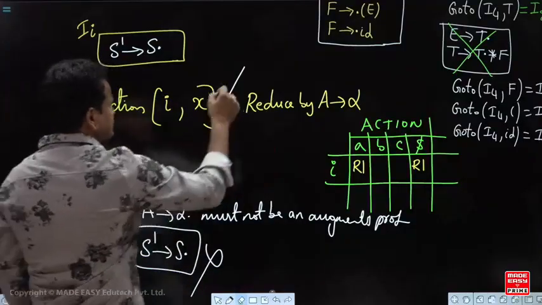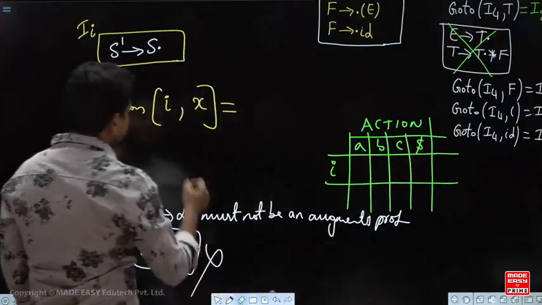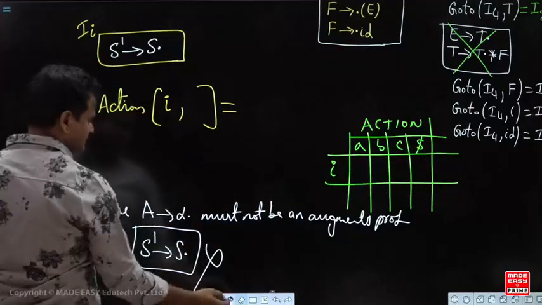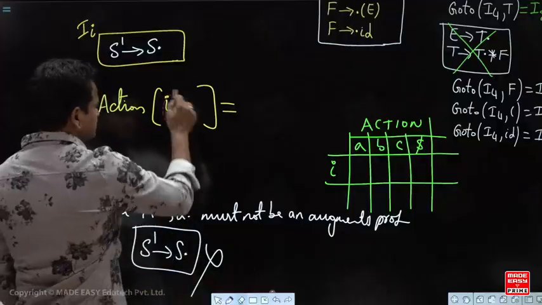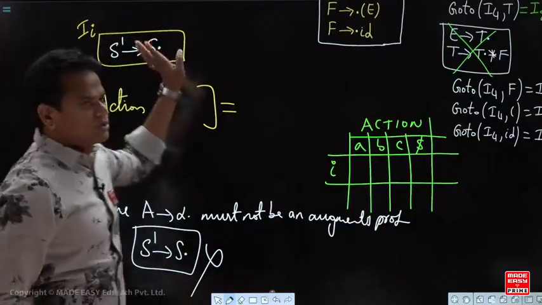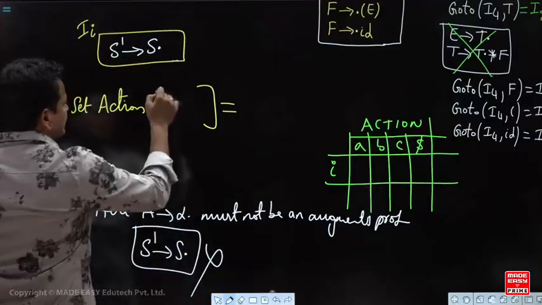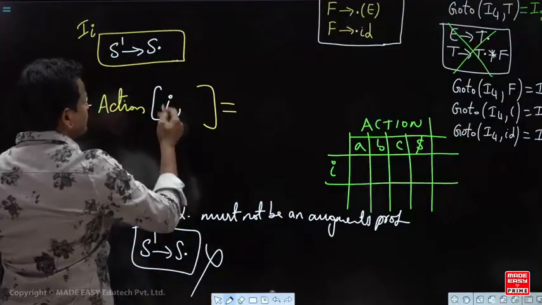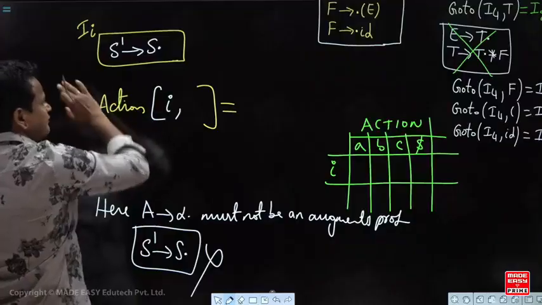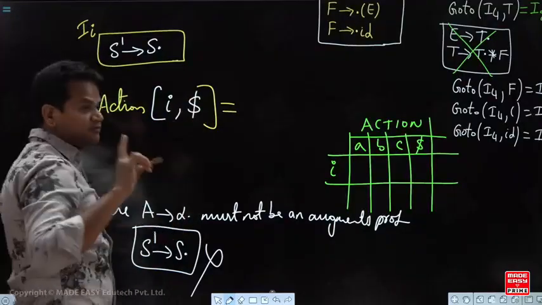Suppose A goes to alpha is augmented. Then how to enter? Very simple. Look at this, guys. Suppose this is the augmented production and the dot has reached the end, and it is in Ii. Then ith row, because it is Ii. If it is I1, first row, I2, second row, like that. Ith row, dollar column fixed.